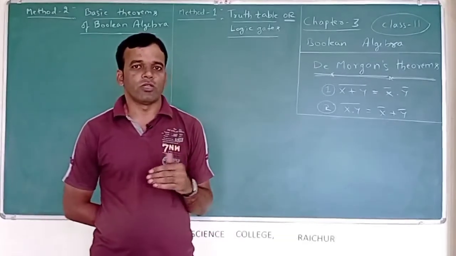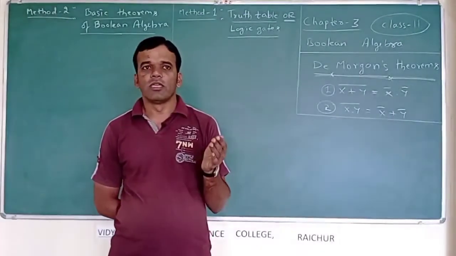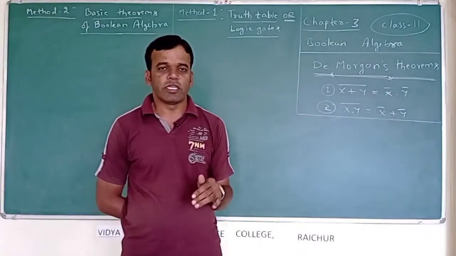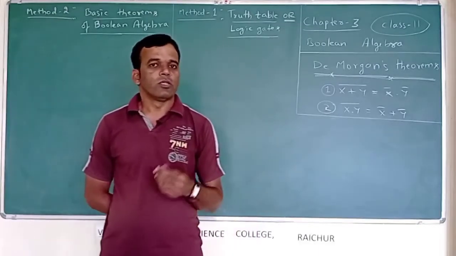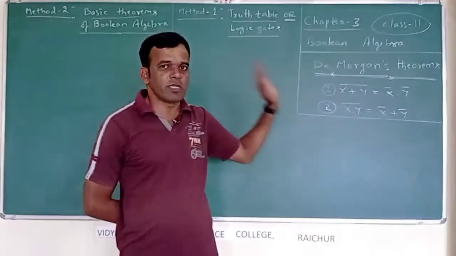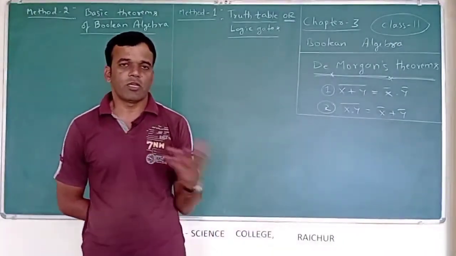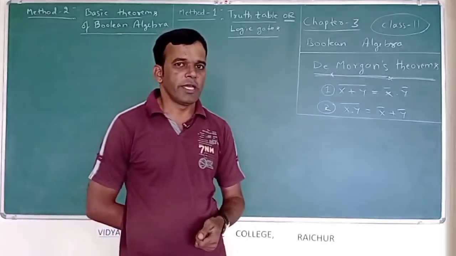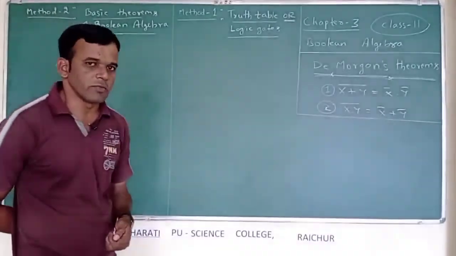Here basically we are using the complementarity theorems or complementarity laws. So using the truth table is better compared to the second one. But anyhow we will see both the methods to prove the De Morgan's theorems.